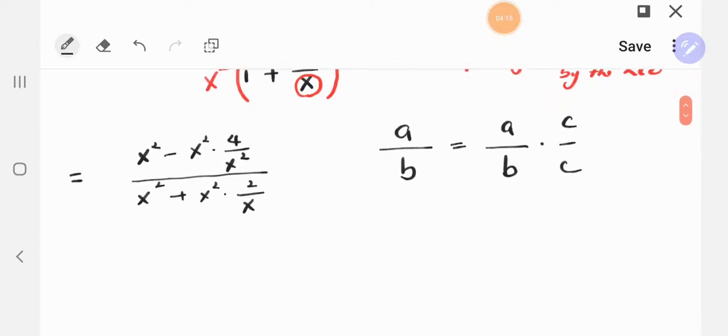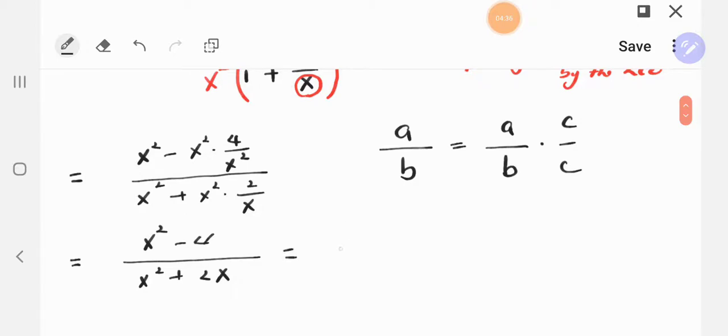From this, let's simplify each part. In the numerator, x squared and x squared cancel out, so we have this, and the denominator is x squared plus, from the second term, the x cancels out, so we have 2x.